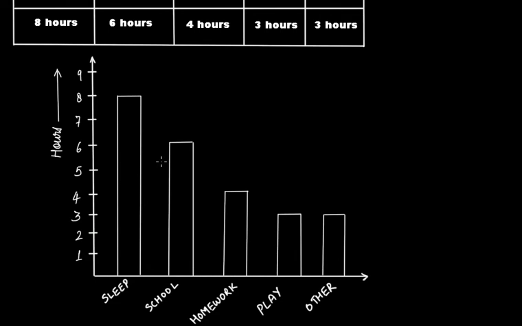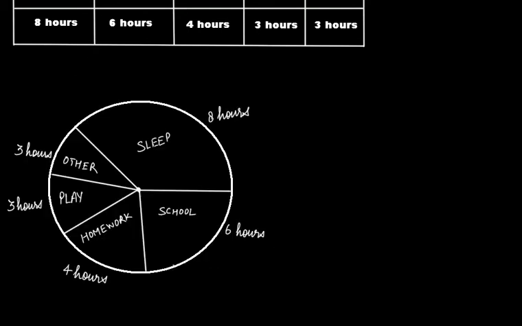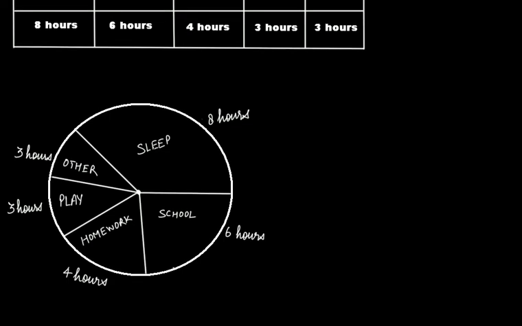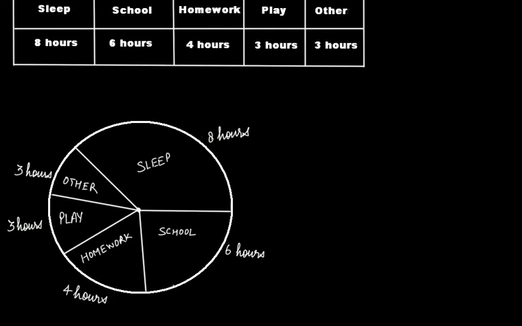Now, instead of using a bar graph, if we use a circular graph or pie chart, this is the pie chart of this information of your daily routine.